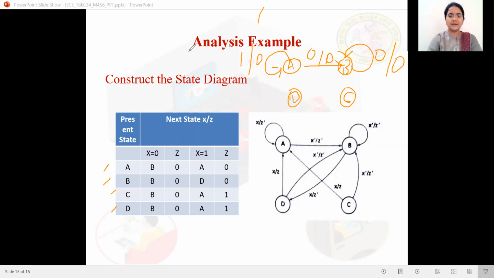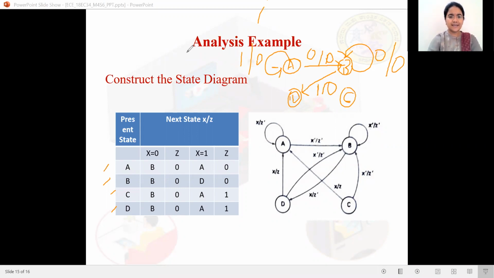And when it is in state B and x is equal to 1, it goes to state D, and the output is 0.